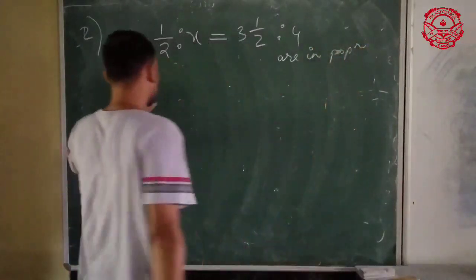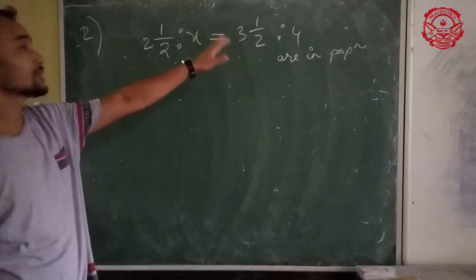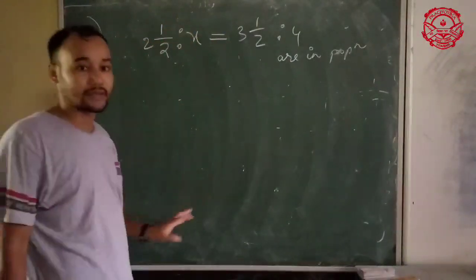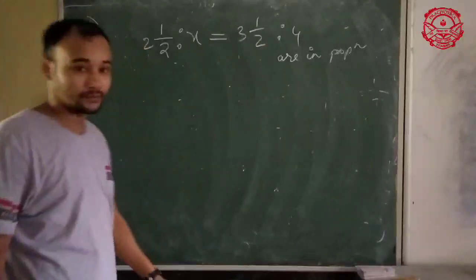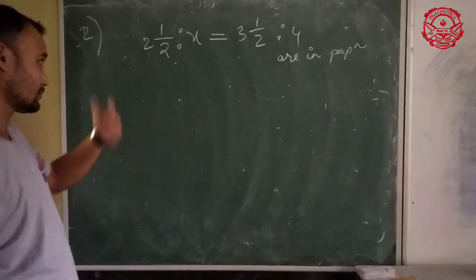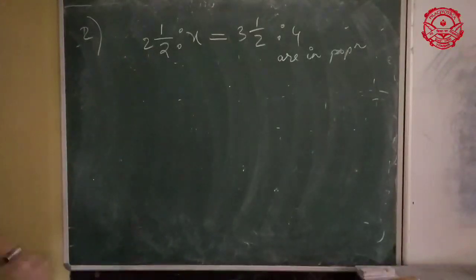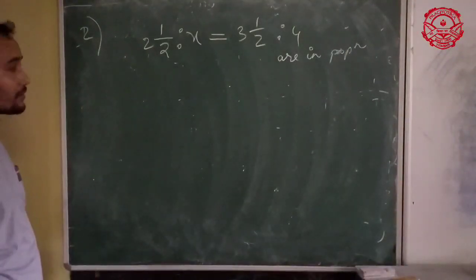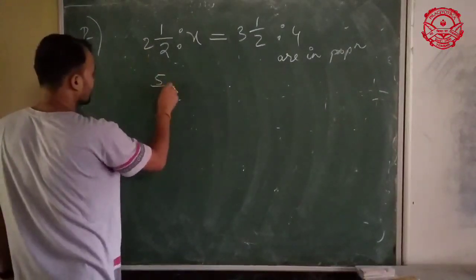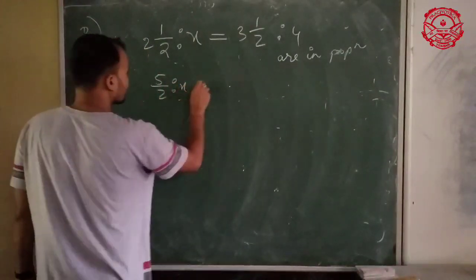If they are in proportion, that is the product of the extremes is equal to the product of the means, or the ratio of the first and second must be equal to the ratio of third and fourth. Now we are asked to find the value of x. You see, simplify: this is 5 by 2 is to x.